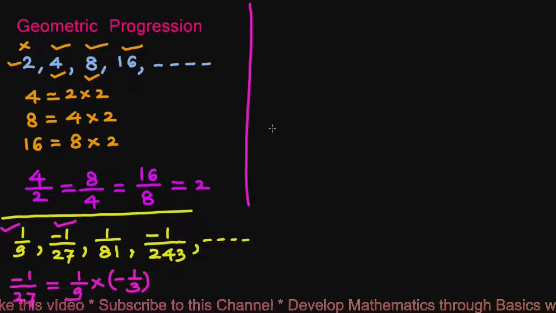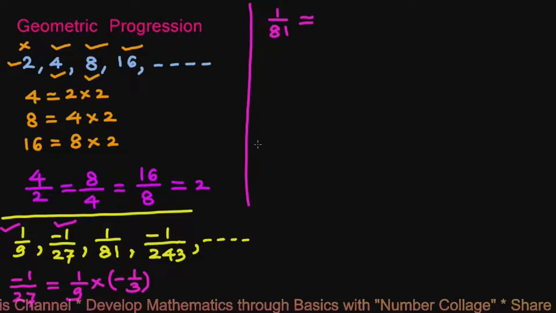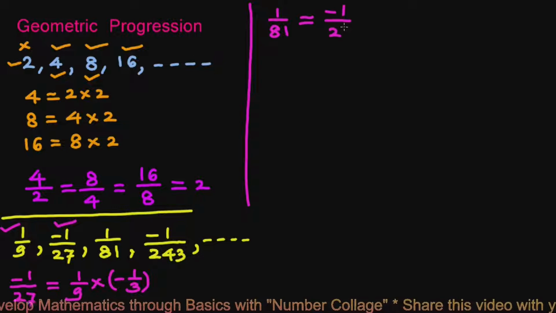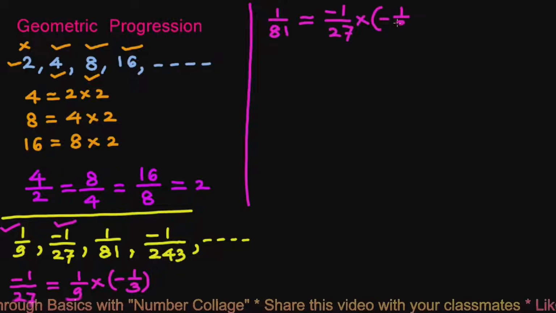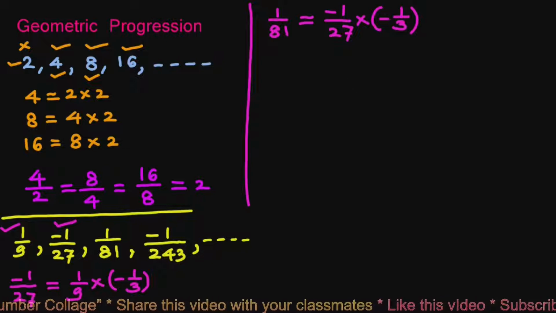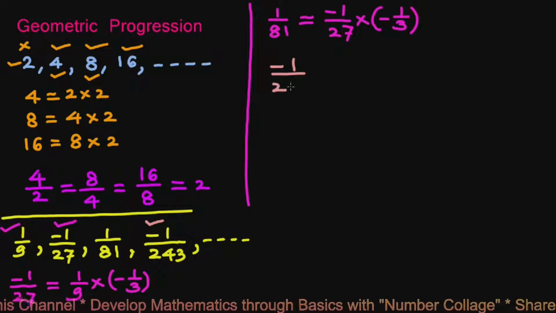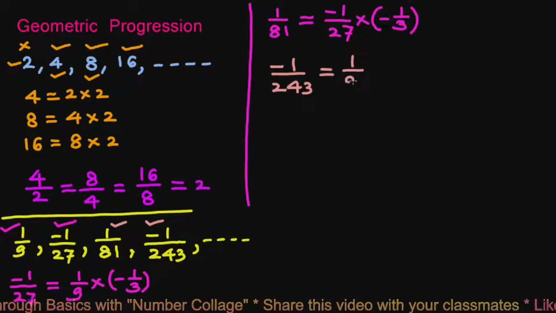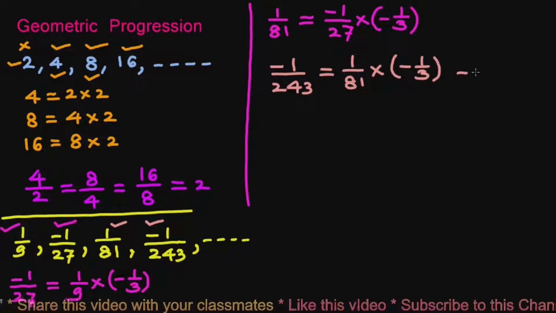Similarly, we can obtain 1/81 by multiplying its previous term -1/27 by a fixed number -1/3, and we can obtain the fourth term -1/243 by multiplying its previous term 1/81 by a fixed number -1/3, and so on and so forth.